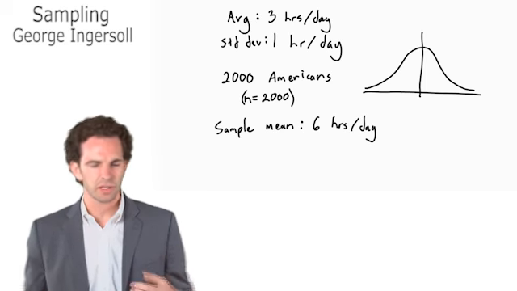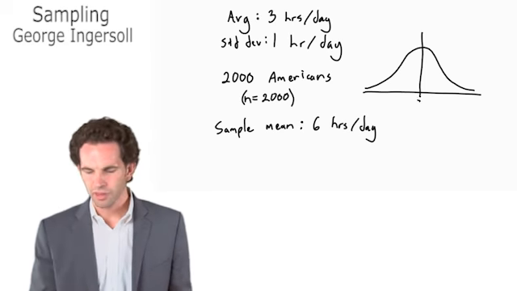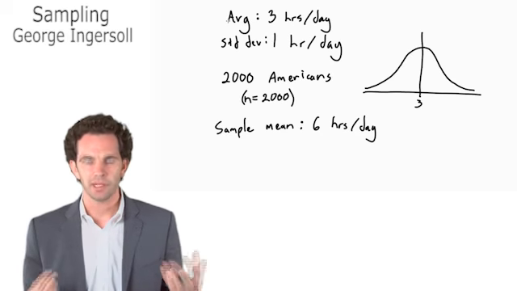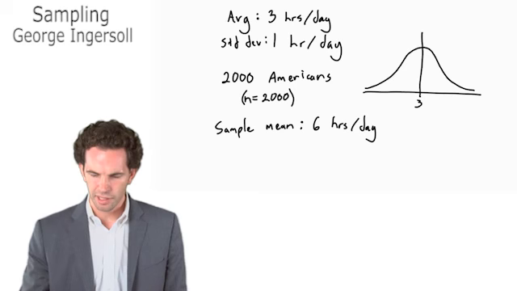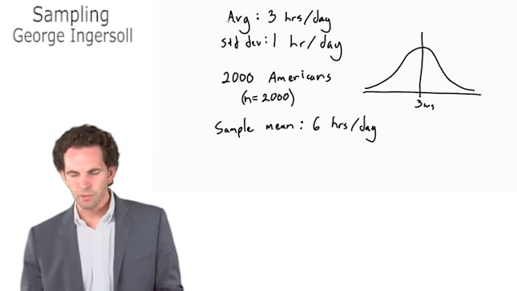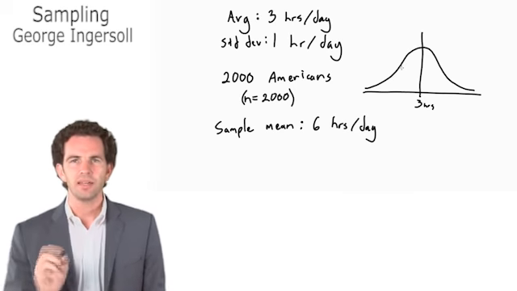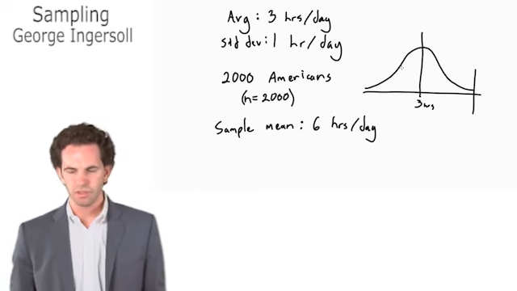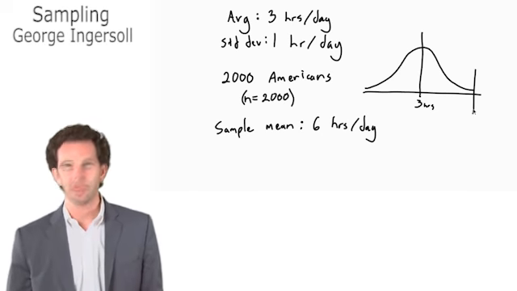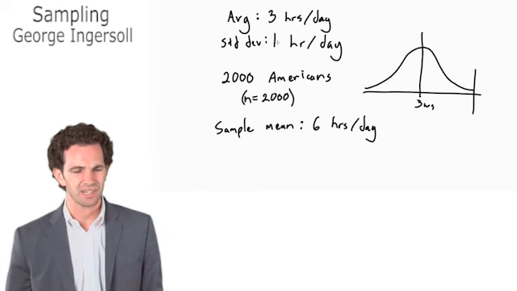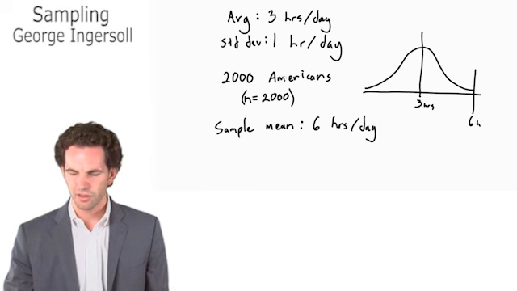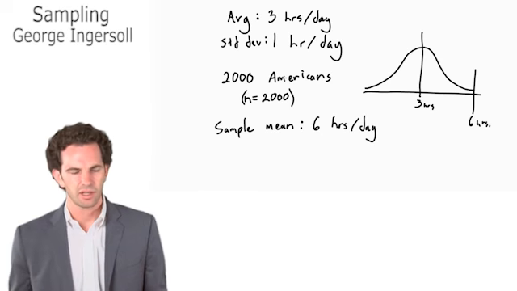The thing we're interested in knowing is, is the average of the population still 3 hours per day? And if that was the case, what's the likelihood we'd end up out here at 6 hours a day? Remember, the standard deviation is 1 hour per day. What's the chance that we'd end up 3 standard deviations above the mean?